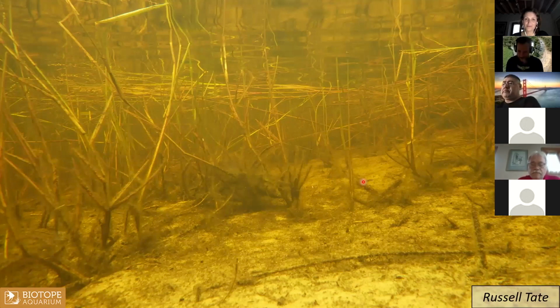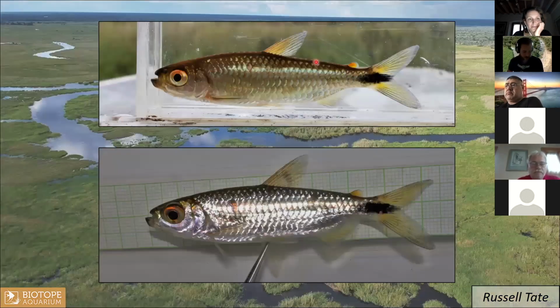So essentially, this is what it looks like. Lots of submerged grasses. This was taken in a clearing, but typically the grasses are a bit more dense. And we have our first fish, and these are opportunistic little guys. They call them striped robbers. It's a Brycinus, and this is Brycinus lateralis.